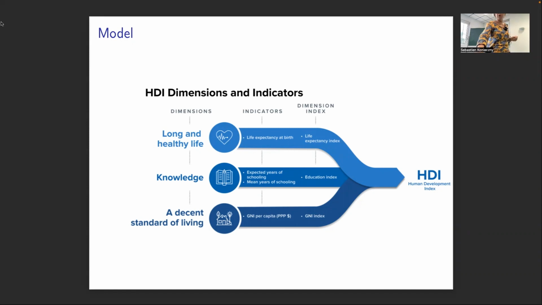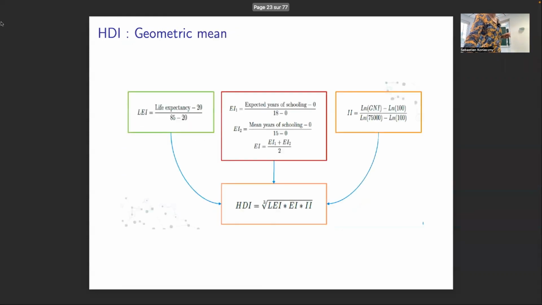And we saw that to do the aggregation, they chose the geometric mean, which is a little bit less compensatory than the arithmetic one, even though we will see today that there is again compensation.